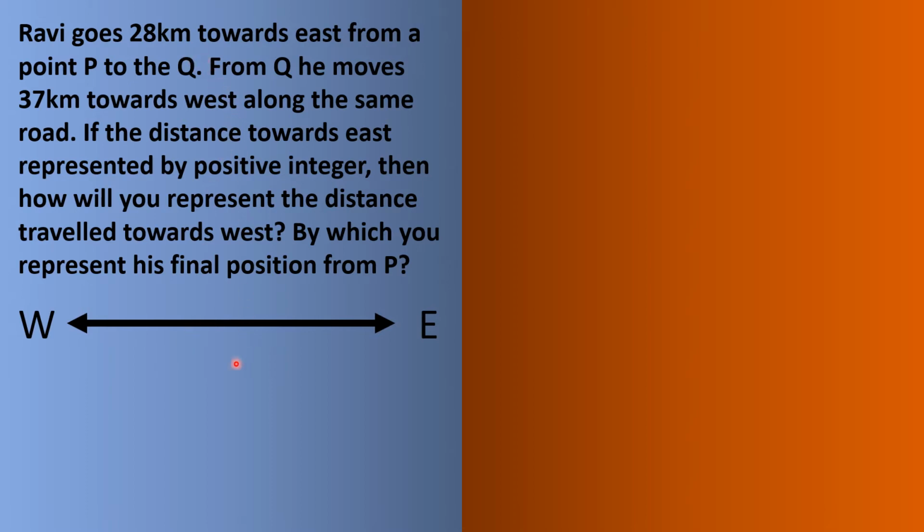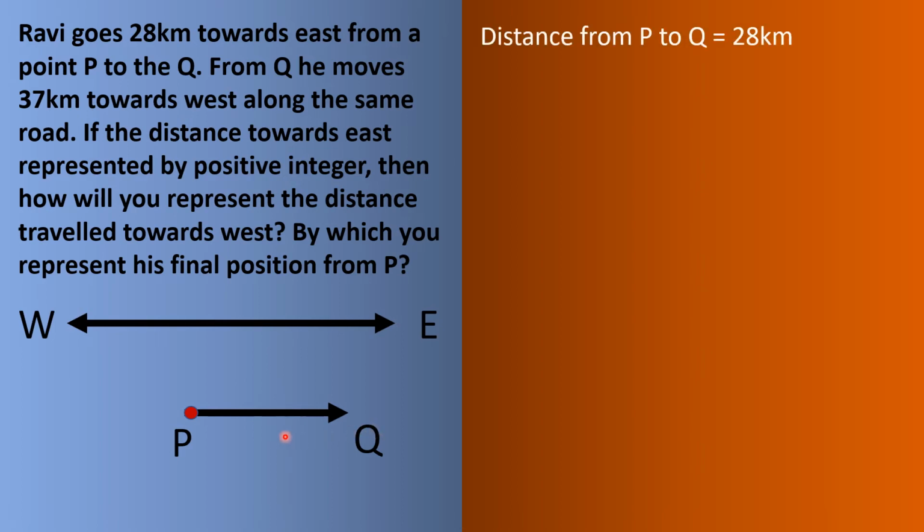Ravi goes 28 km towards east from a point P to Q. So P to Q towards east, and how much distance he covered? 28 kilometer. Then from Q he moves 37 km towards west along the same road.